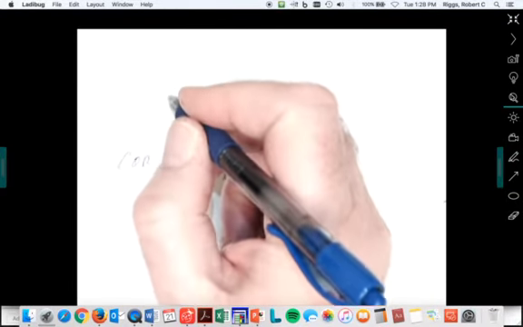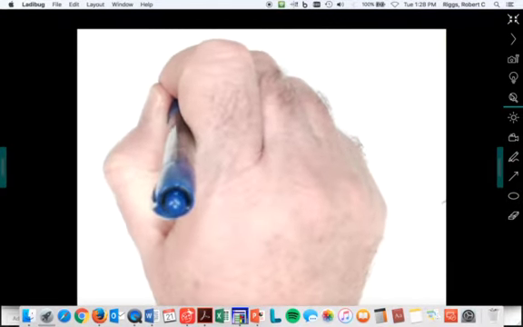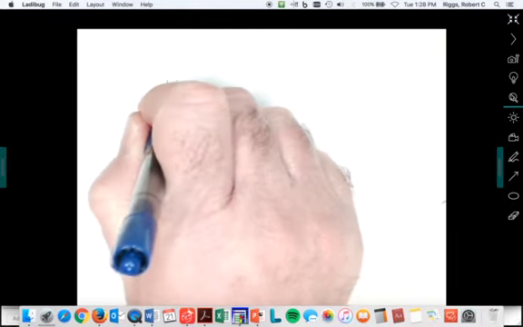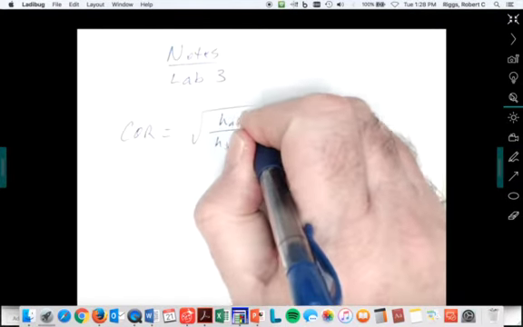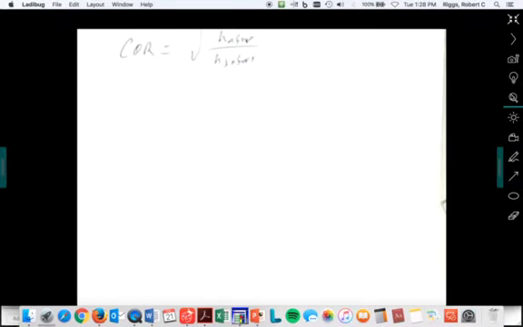And I'll write up here notes for lab 3. Okay, now you can see this is the height after divided by the height before.